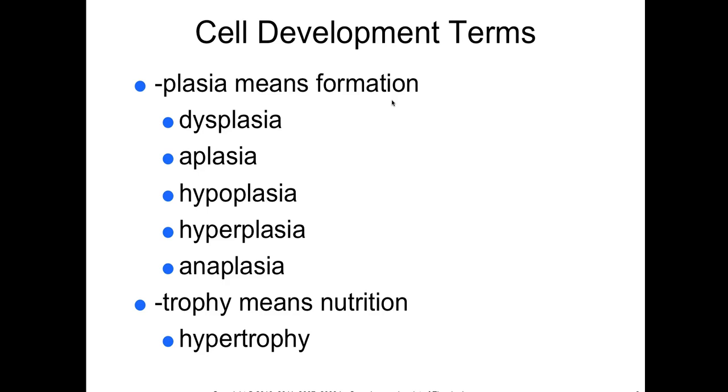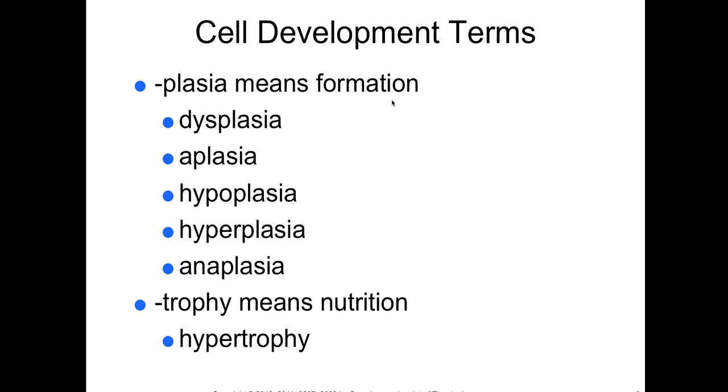Next, we have hyperplasia, and this means that we have an abnormal increase in the number of normal cells. And anaplasia, that means that we have a loss of cell differentiation.